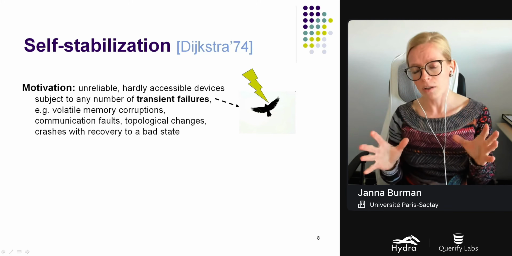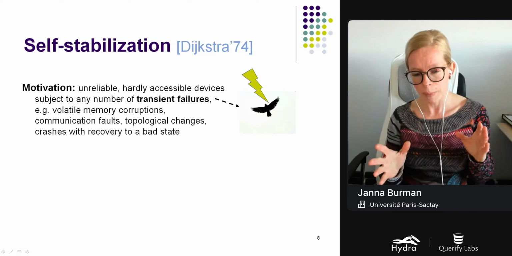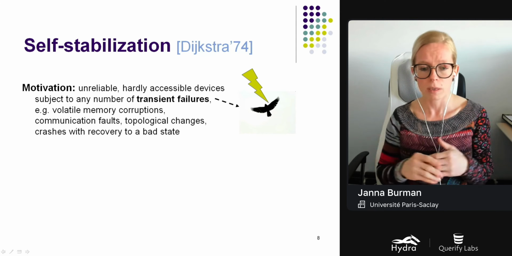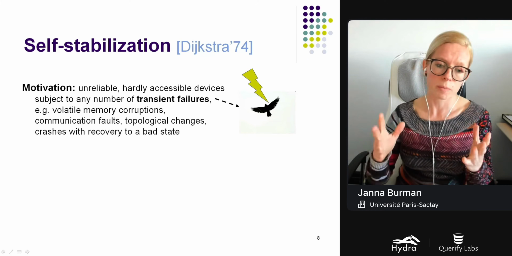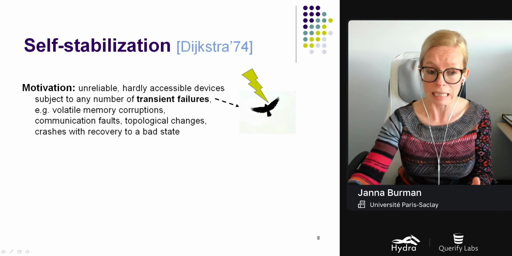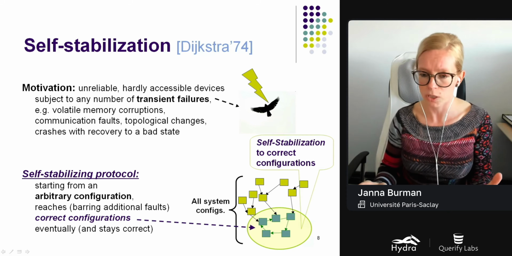We assume that these failures stop at some moment during the execution, and they bring our system into a completely arbitrary configuration.